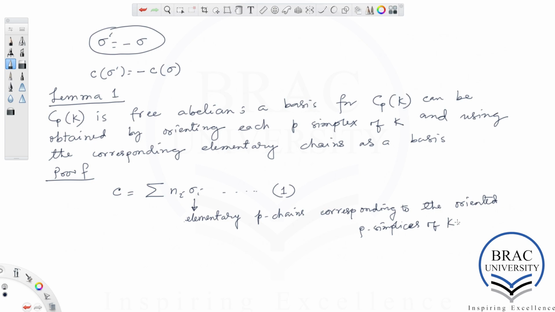The chain C is a function on the oriented p simplices, so what value does C take on this oriented p simplex sigma_i?